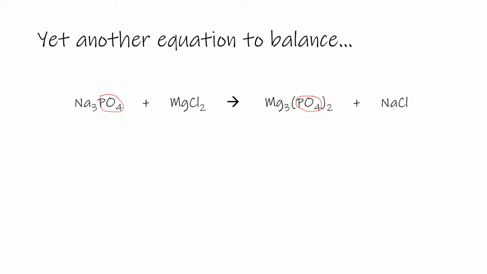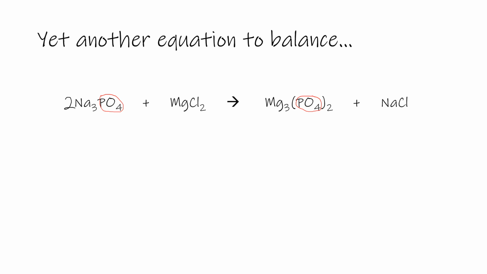So we can put a 2 coefficient in front of sodium phosphate to give us 2 phosphates on the reactant side. So phosphate is balanced. Next, let's look at sodium. We put a 2 in front of the sodium phosphate on the reactant side. Sodium has a subscript of 3, and 2 times 3 gives us 6. That means we have a total of 6 sodium on the reactant side.